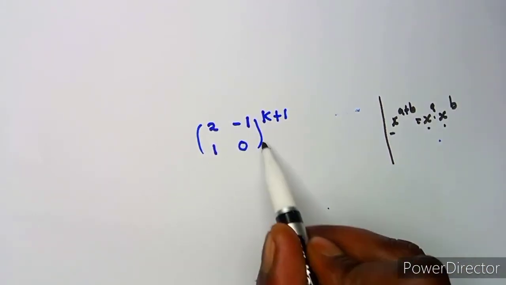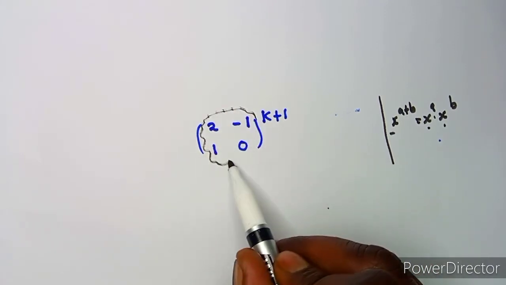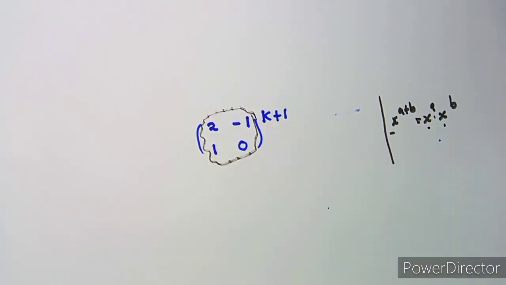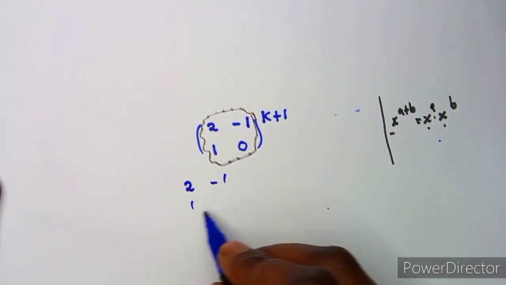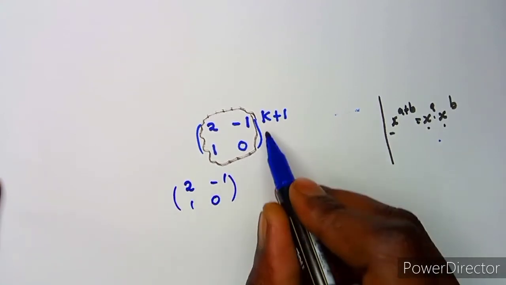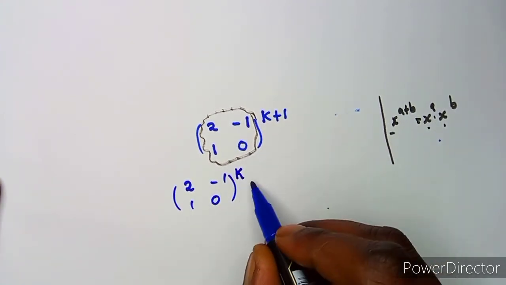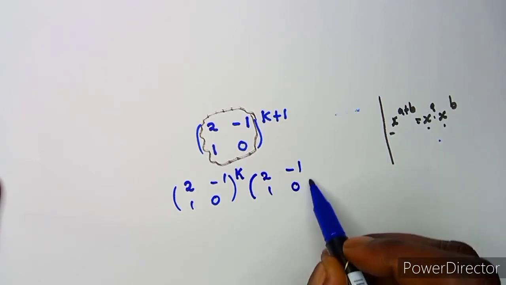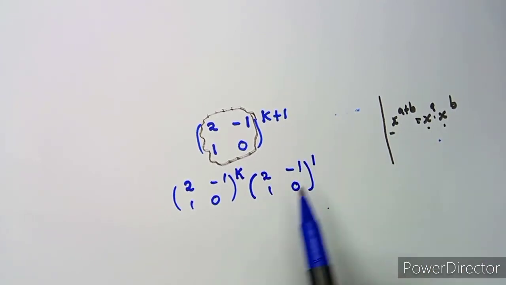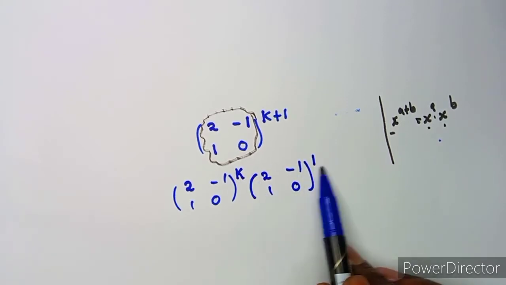So in this case, you are referring to the whole matrix as it is. This was 2, minus 1, 1, 0 to the exponent of k, multiplied by 2, minus 1, 1, 0 to the exponent of 1. That is where you added the exponents.